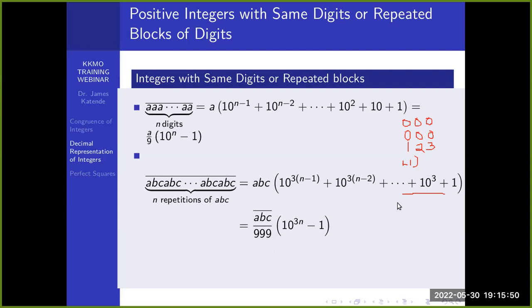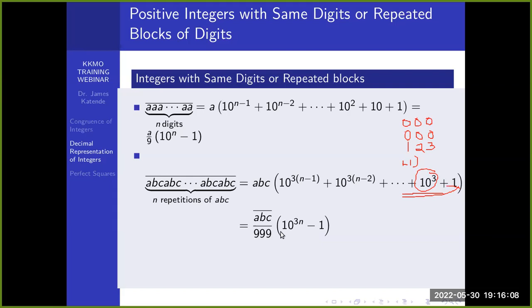But now what you will notice is that, again, what you have here is a geometric series. You get its partial sum up to the nth term. Now here the common ratio is 10 cubed, 10 raised to 3, and the first term is 1.